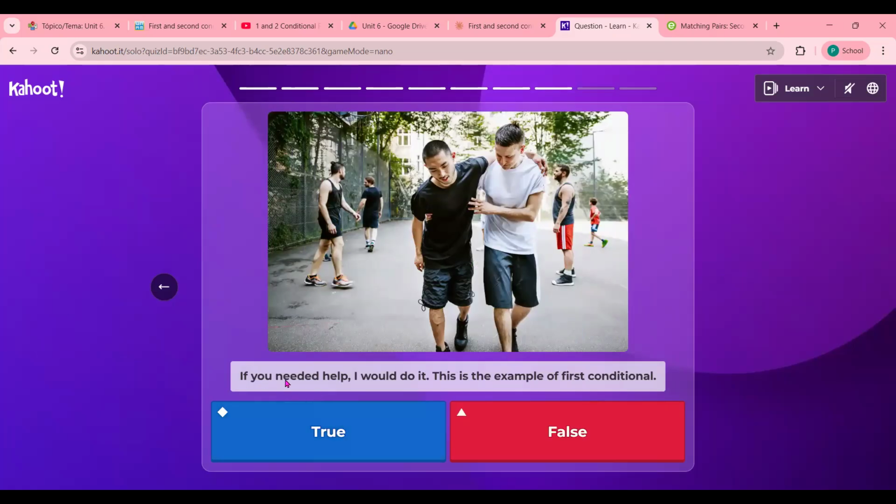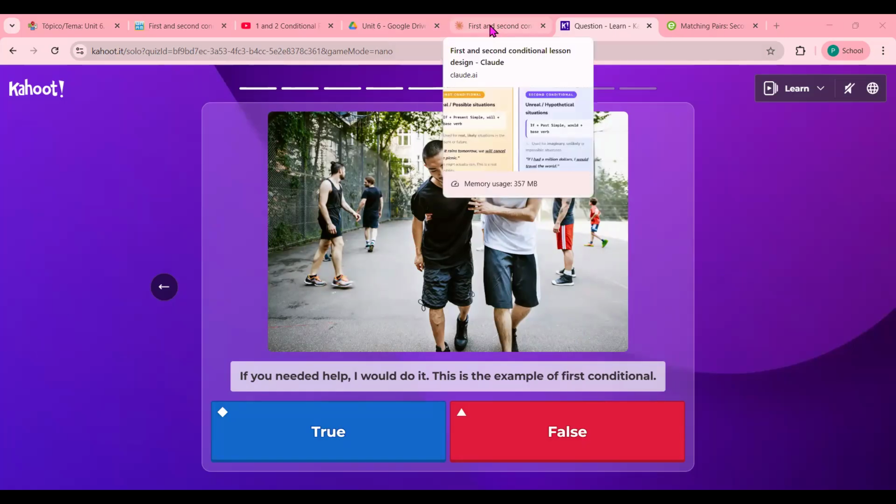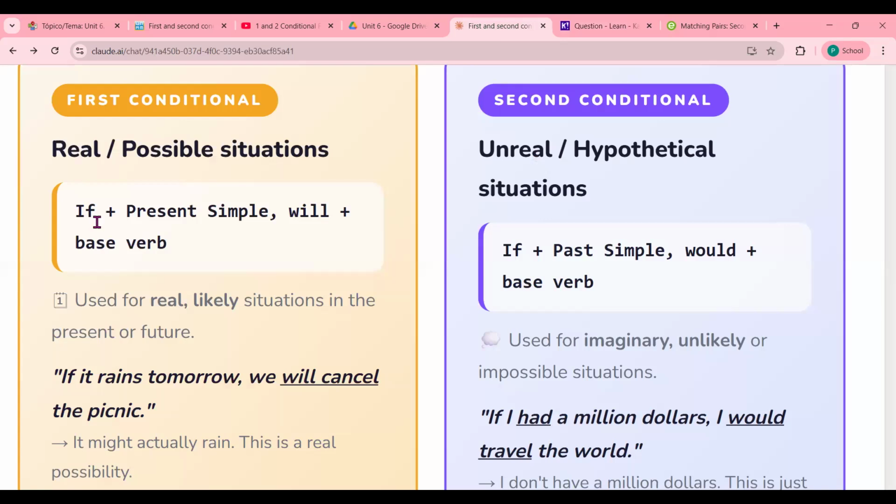If you needed help, I will do it. Is this an example of first conditional? Correct or incorrect? Wait, no problem. Observe the structure: if, present simple, and will.